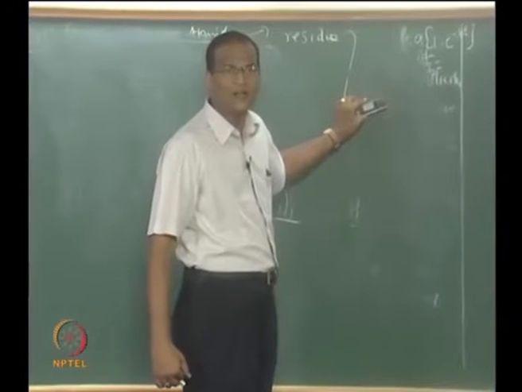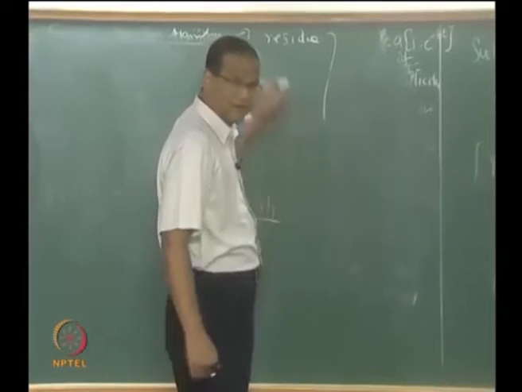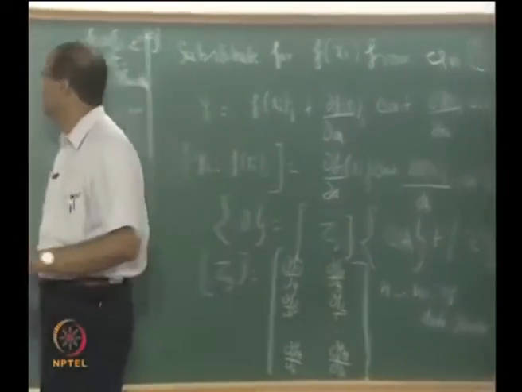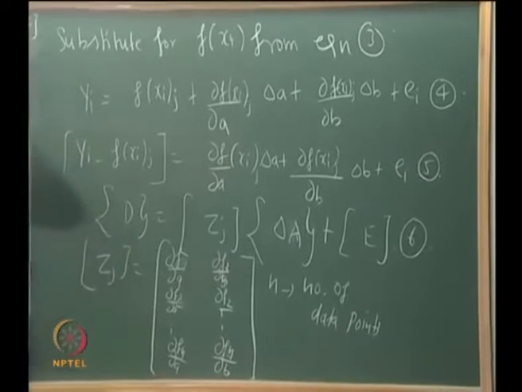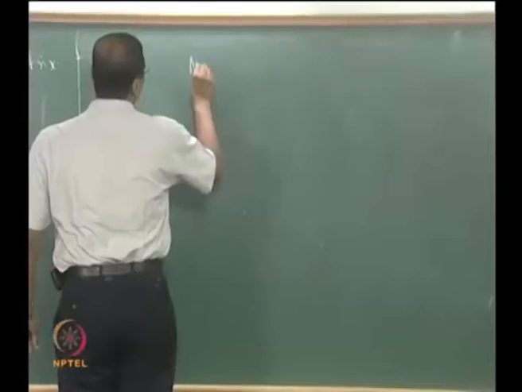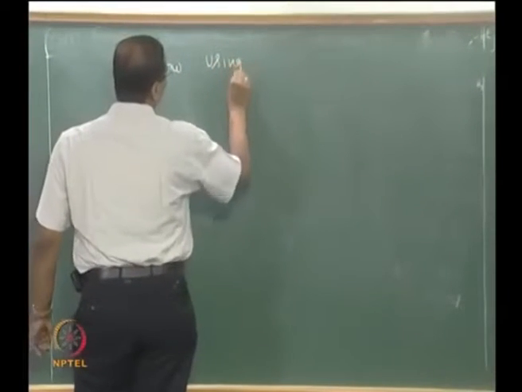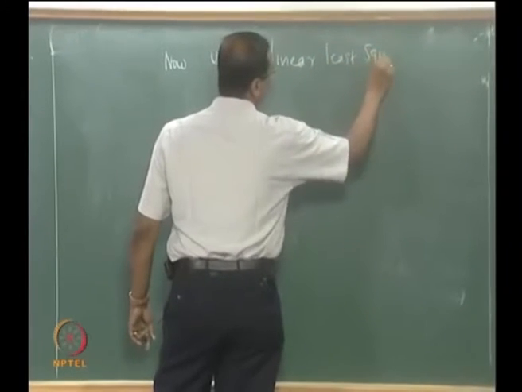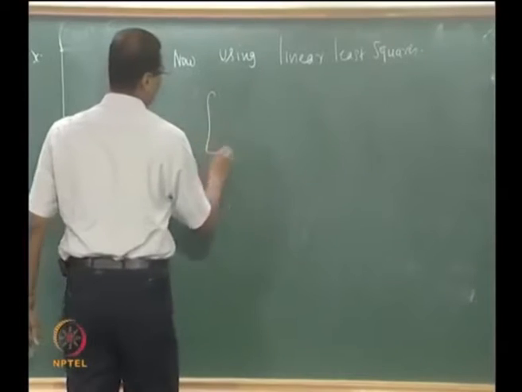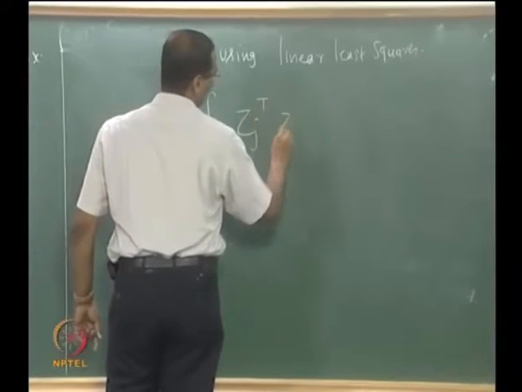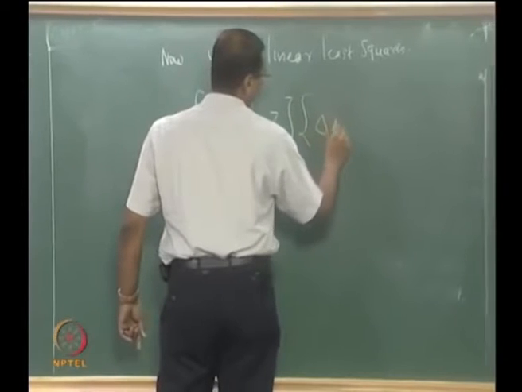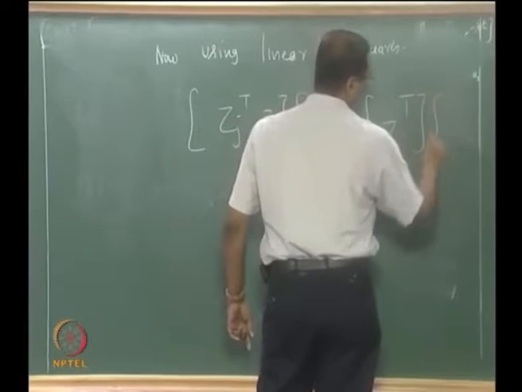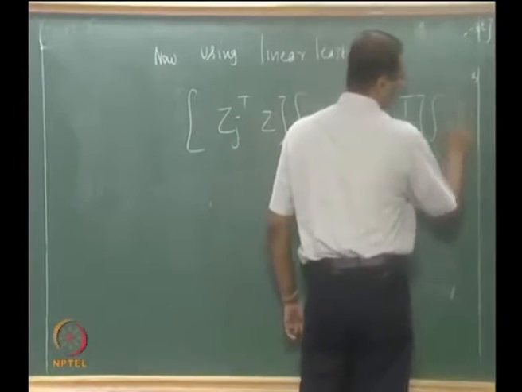Delta E. Sir, we are finding delta A. Yes, correct, to minimize the E. Okay. So now operating on, correct, good, that is it.